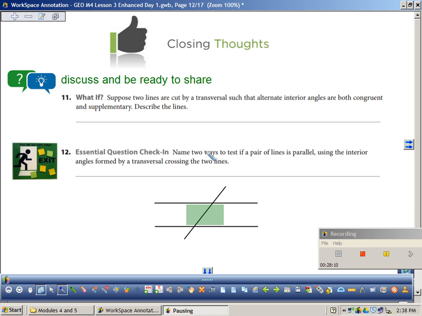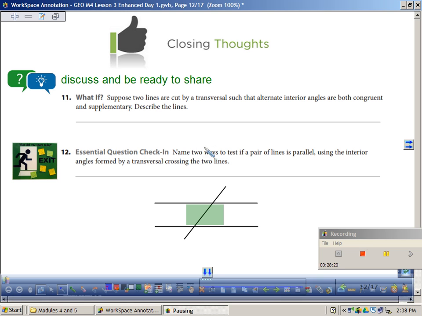All right, let's look at this, guys. Essential questions. Michael. I need you guys to get out your blue sheet and name 2 ways to test if a pair of lines are parallel using the interior angles. Give me 1 way you can use interior angles to see if they're parallel.